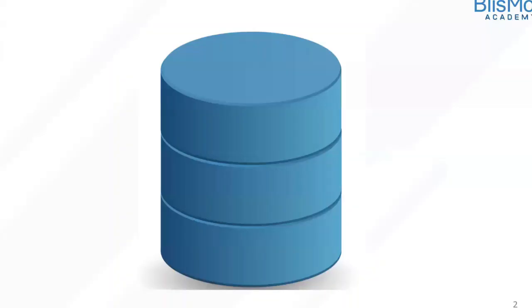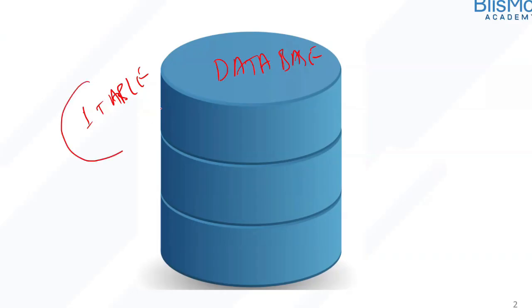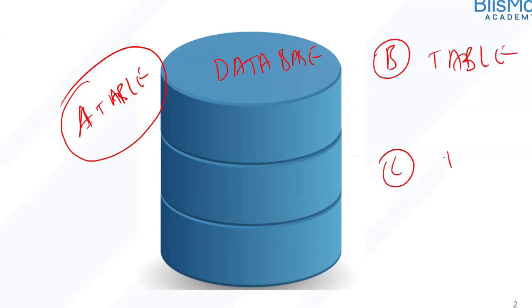Before I really get into the joins, my question would be, Swastika, will we have only one table in a database? No, sir. It's multiple tables. Multiple tables will be there. Like table A, table B, table C, some different tables.